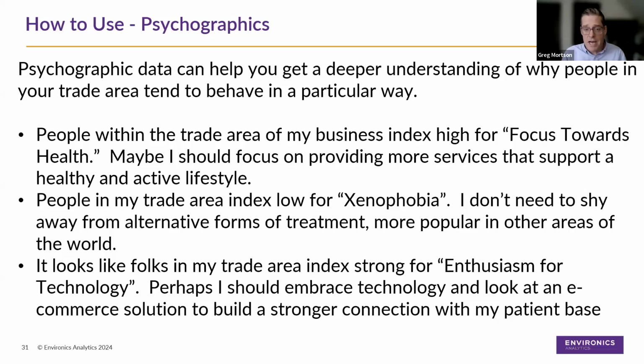So again, now we're combining a couple of those social values, xenophobia, as well as that global viewpoint, to really connect with folks in your immediate trade area. And then finally, there's a value here for enthusiasm for technology. Well, these people are really tech savvy and love gadgets. So maybe you want to connect with them through your e-commerce solution, or maybe you should apply more of your resources to your app or your online presence to really connect with more people there.